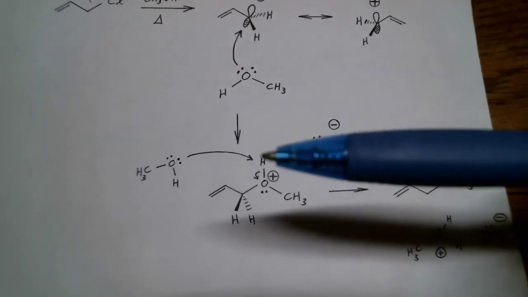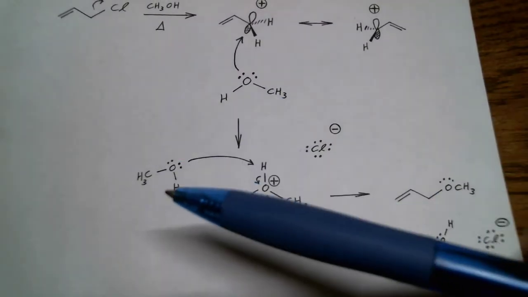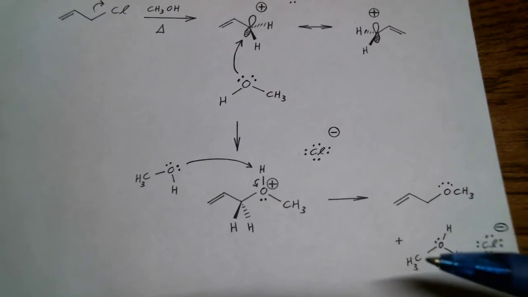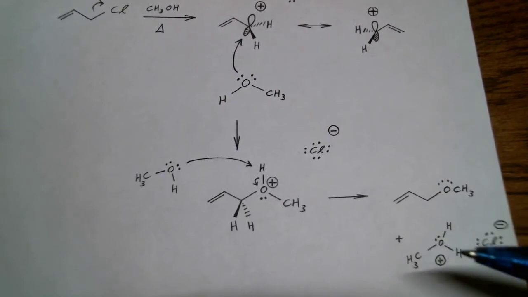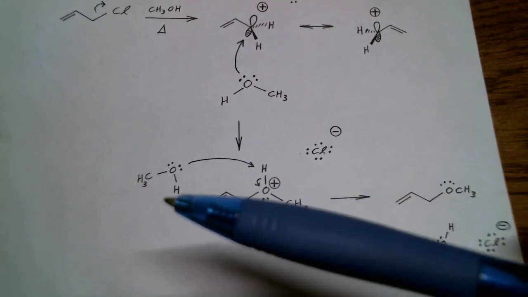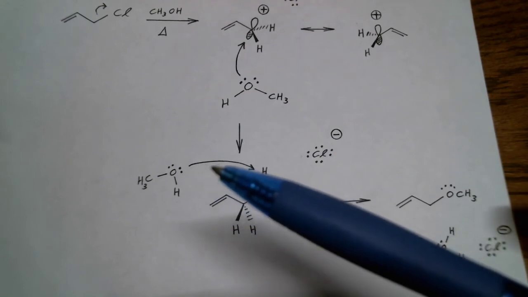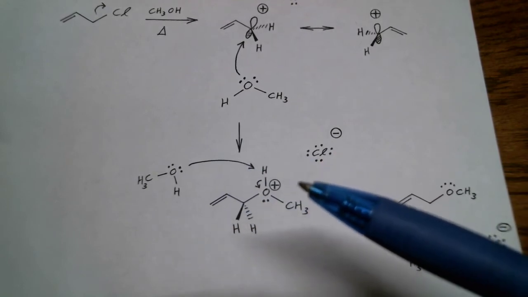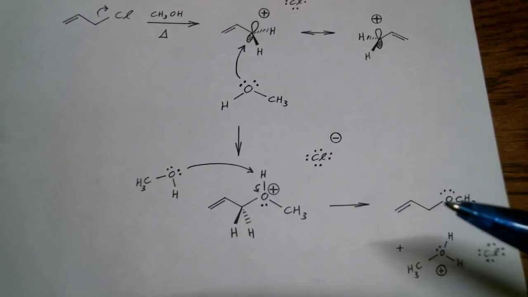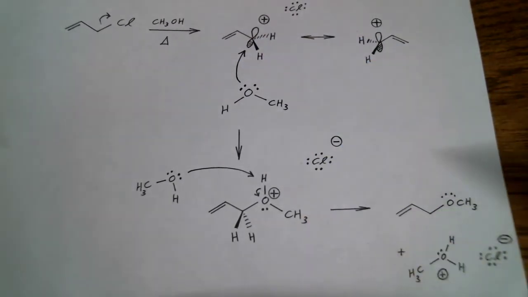If the chloride anion had plucked off the proton instead, you would generate HCl, and of course HCl in a polar protic solvent like methanol would simply dissociate into protonated methanol and chloride anion. So we saved that step by just admitting that methanol is more basic than our chloride anion and using a lone pair on the methanol to pluck off that proton. At any rate, these are the steps of SN1.